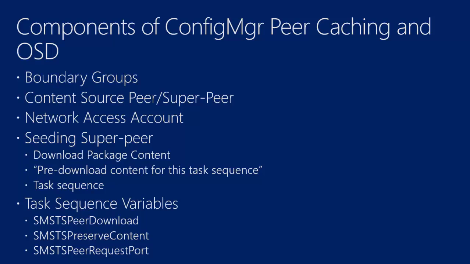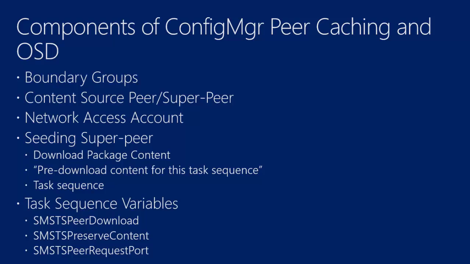Okay. And let me just say here too, the pre-download option is awesome that we have that now, but this is something that customers have grappled with in task sequencing, with imaging, for a long time. Even before the pre-download step was available, customers would engineer their task sequences such that they could effectively pre-download the content.